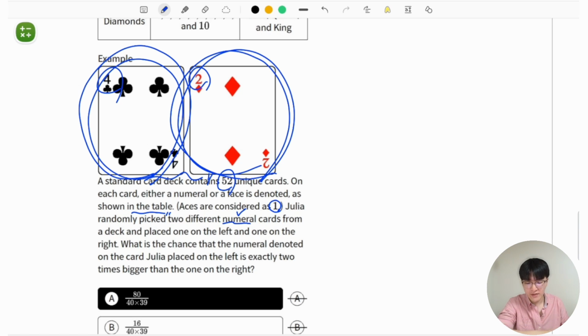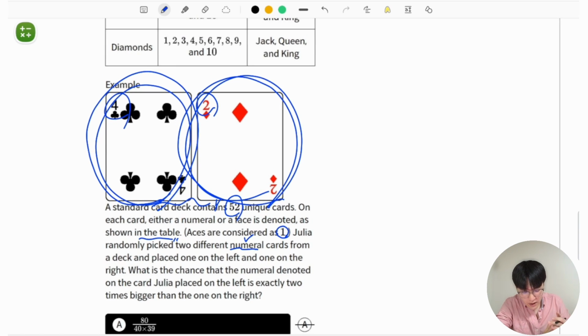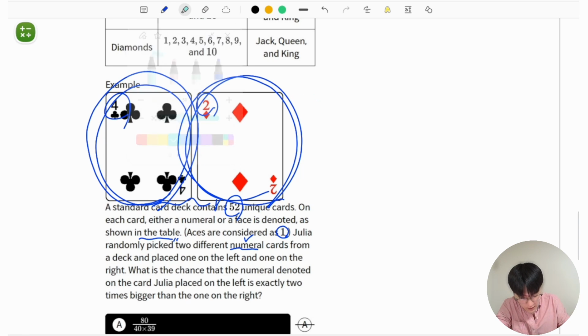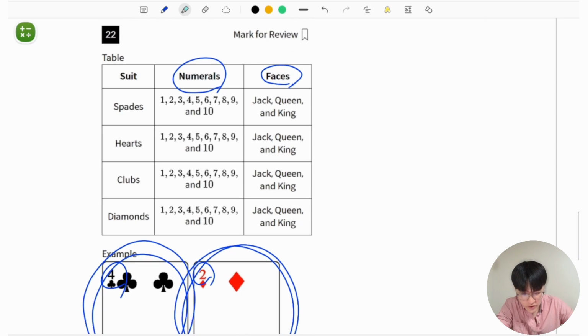And let's actually break this question down. Now, we want to first understand how many total possibilities are there if we want to find the probability of such, right? How many total possibilities are there? We're picking out of what? Two different numeral cards. So we're actually just getting rid of these faces. What are we left with? These faces were a total of how many different cards? 12 cards.